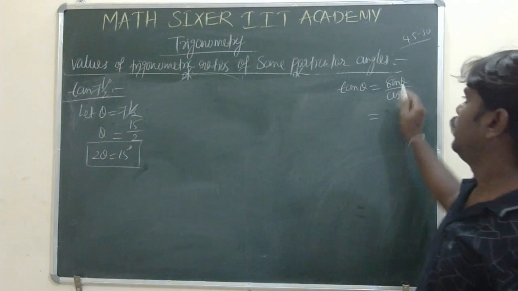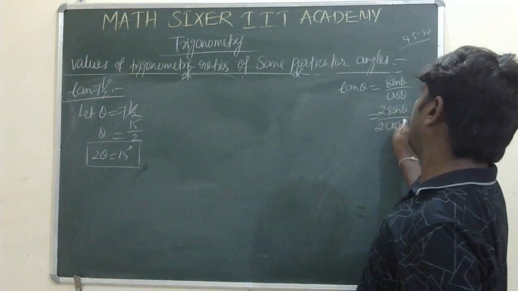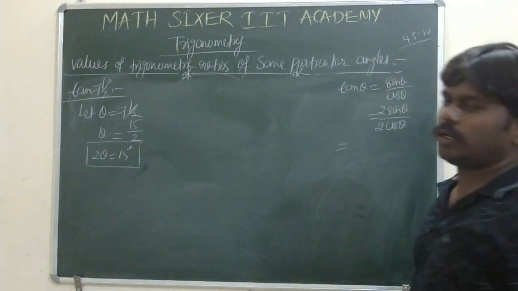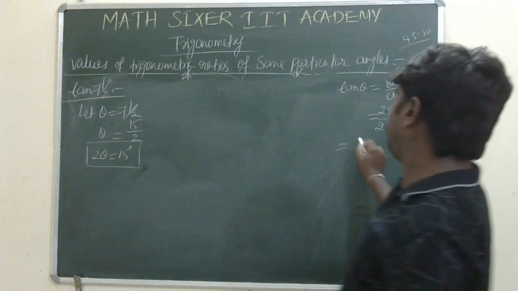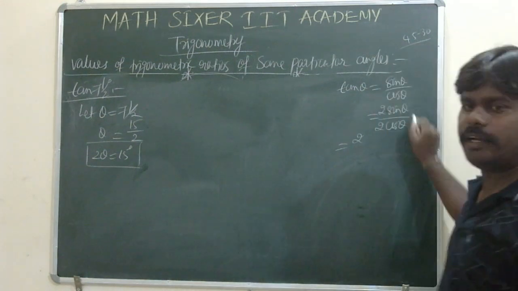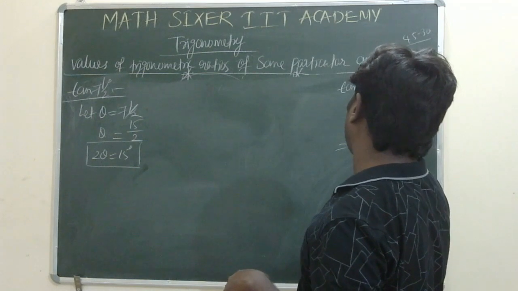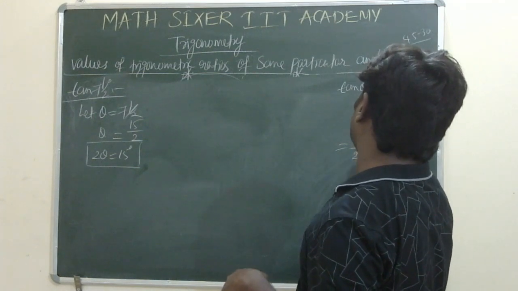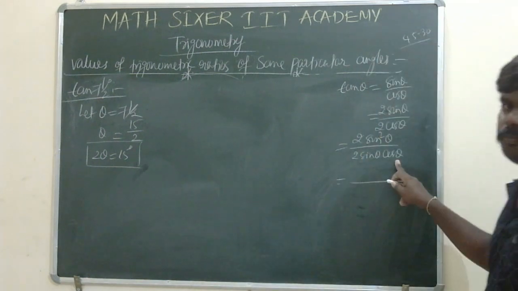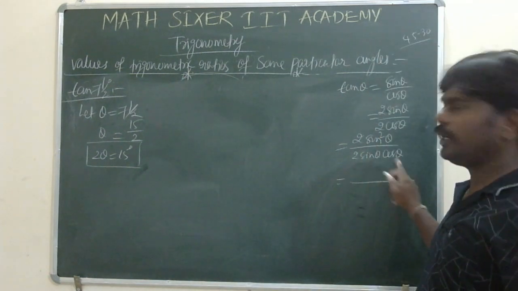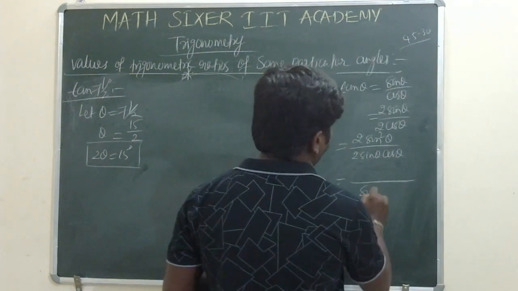So I am multiplying and dividing with 2, giving 2 sin theta by 2 cos theta. With this we cannot write anything, so I am multiplying and dividing with sin theta. Then you will get 2 sin square theta by 2 sin theta cos theta. The denominator is 2 sin theta cos theta, which is nothing but sin 2 theta.